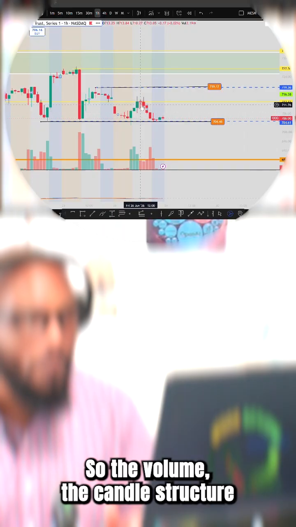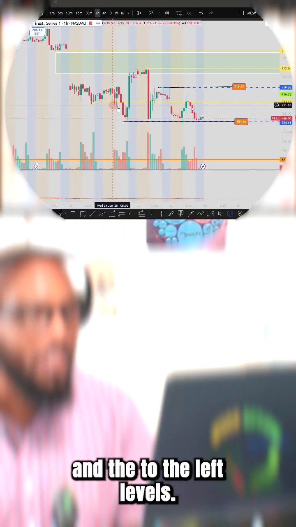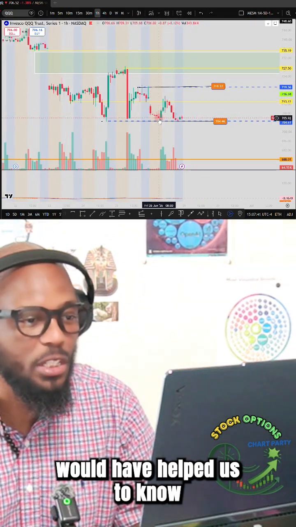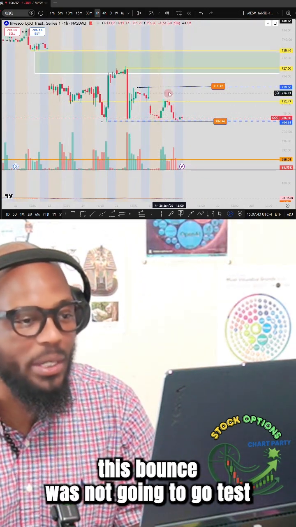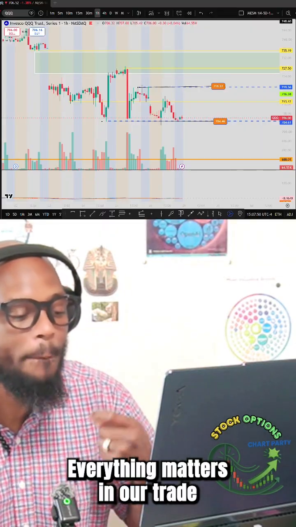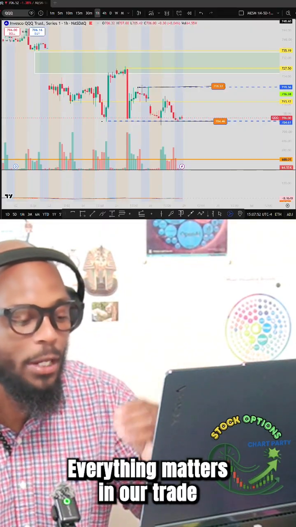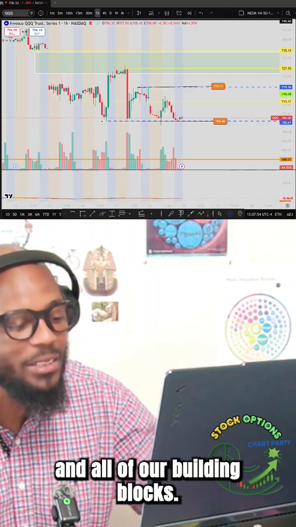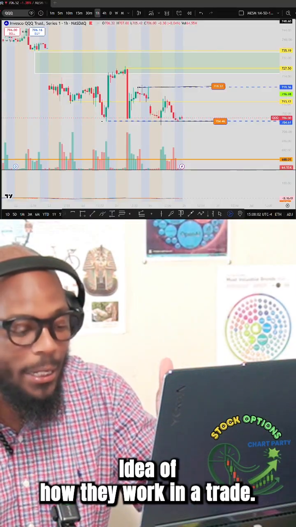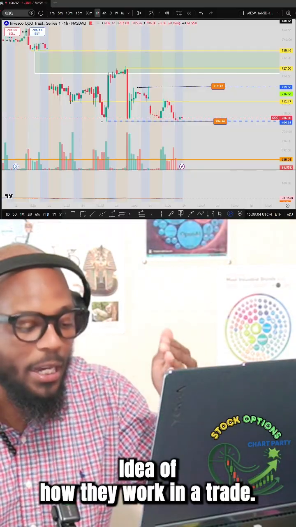So the volume, the candle structure, and the levels to the left would have helped us to know this bounce was not going to go test pre-market high. Let's keep that in mind. Everything matters in our trade, and all of our building blocks we need to understand and learn. And that's a clear idea of how they work in a trade.